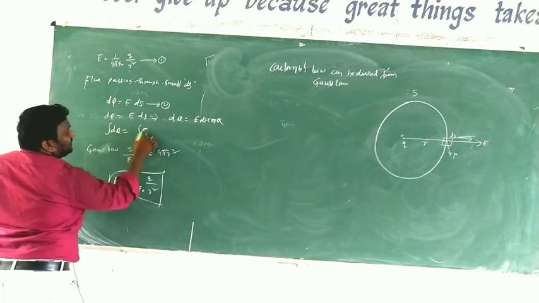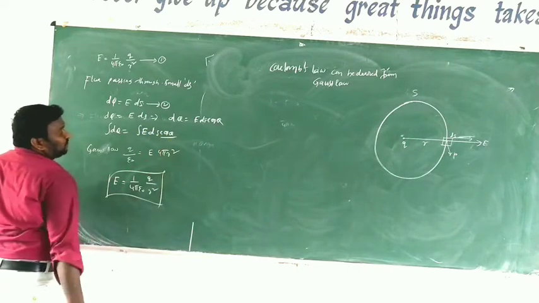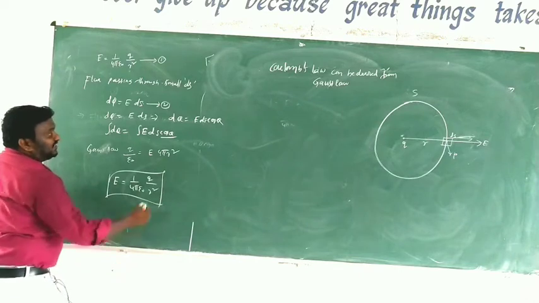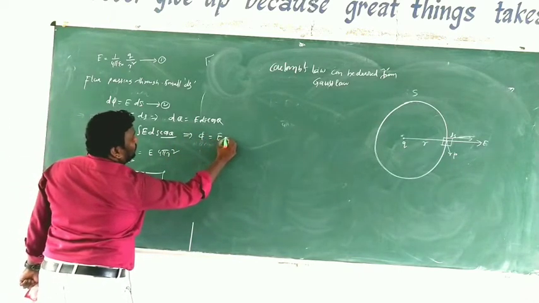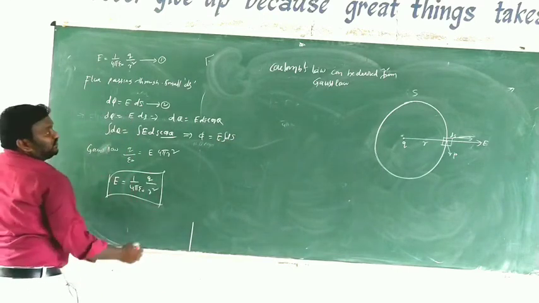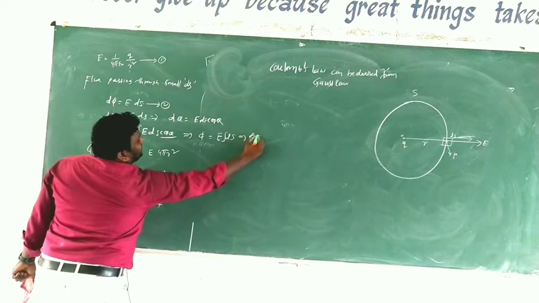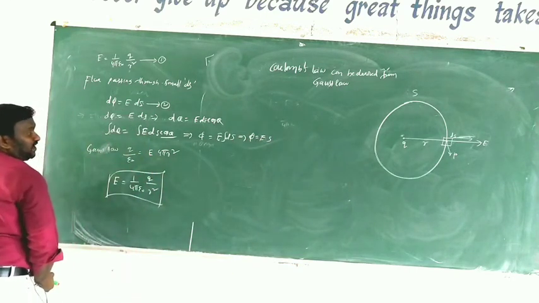Then what do you write? E ds cos theta. Here the cos theta value is 1 because both are in the same direction. Then what do you get? Phi is equal to E into S. S value is what? 4 pi r square.